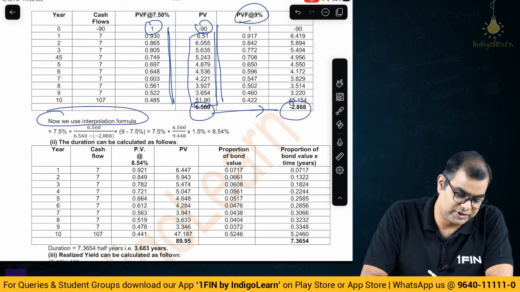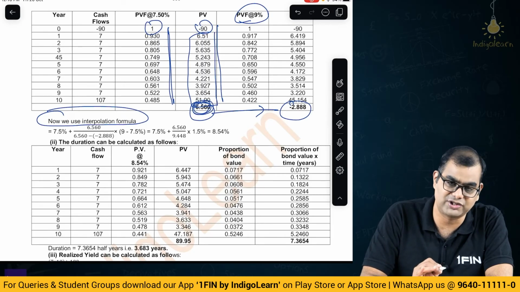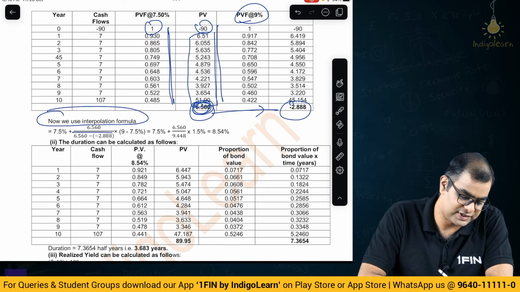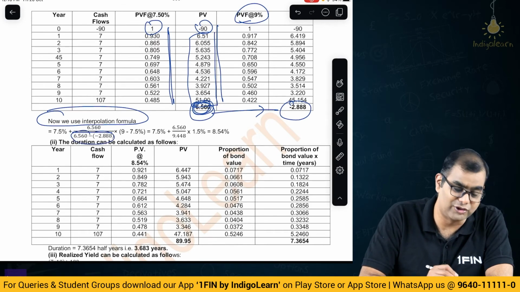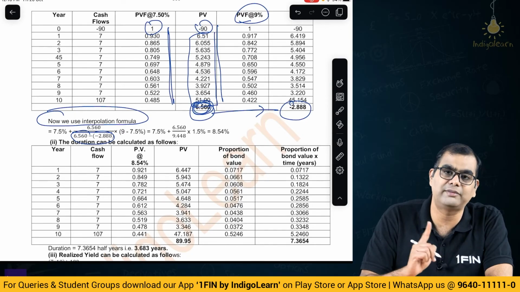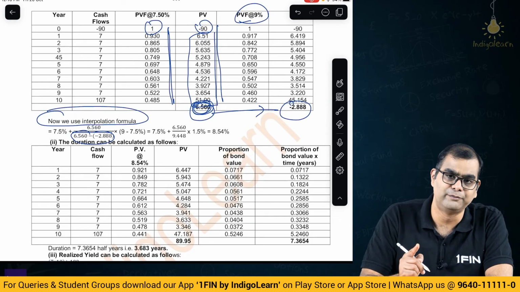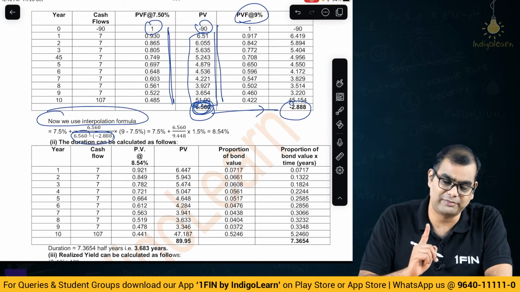Right, desired NPV is to be 0. So 6.56 minus 0 divided by 6.56 minus of minus 2.88. So if you remember the formula, NPV of low rate minus NPV desired by NPV low rate minus NPV high rate, plus whole thing into high rate minus low rate plus the low rate.